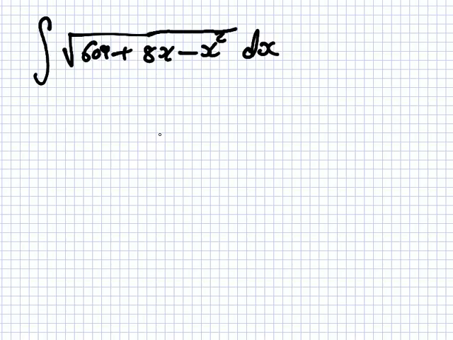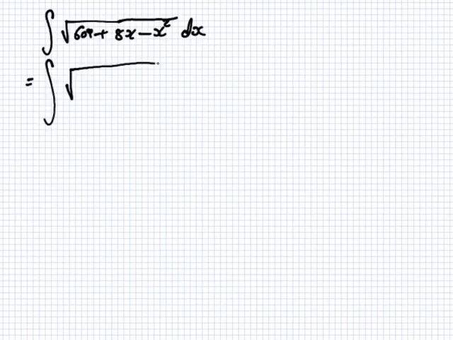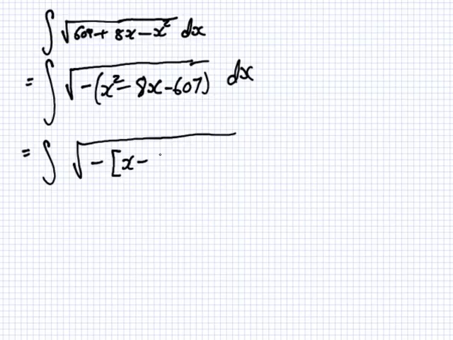Okay. Step 1. Change this into minus x squared minus 8x minus 609 dx. And this is square root of minus x minus 4 squared, and then Andrew, could you do minus 609 minus 16, I think.